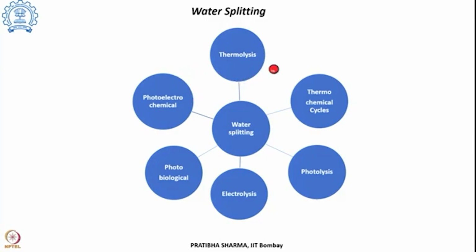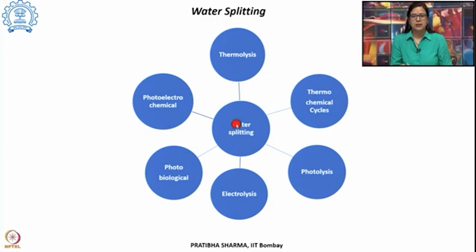The energy which is required for water splitting can either come from heat, then the process is called thermolysis, that is the splitting up of water when subjected to heat. If it occurs by means of both heat as well as certain chemical steps involved in between, then thermochemical cycles.